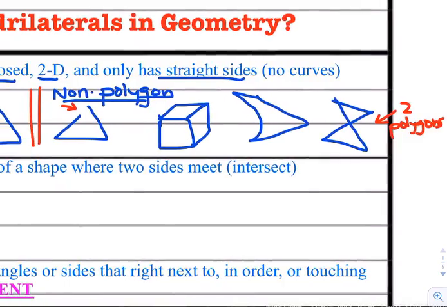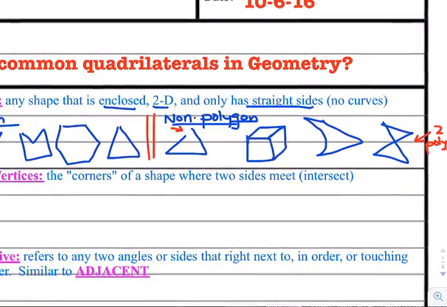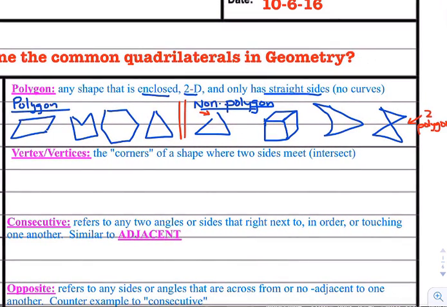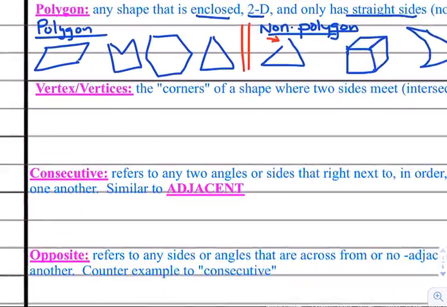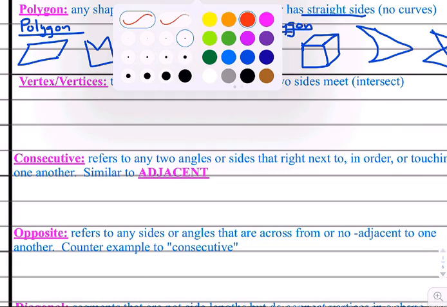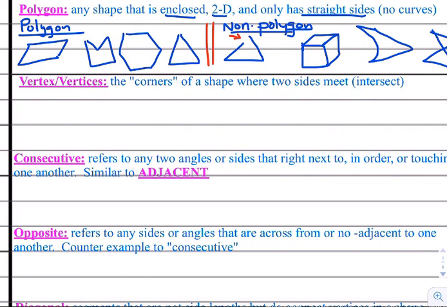That's what we mean by polygon, and that's the big basis for all our discussion. We have to know the difference between the two. It's either straight-sided, enclosed, and 2D, or it's violating at least one of those rules, and we call it a non-polygon.